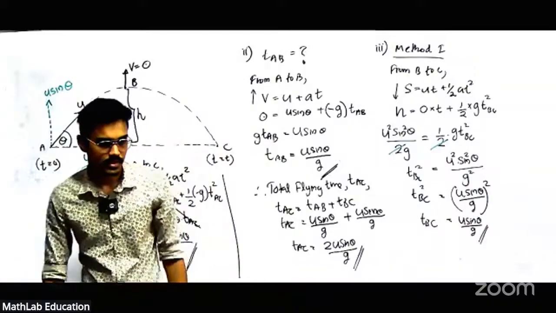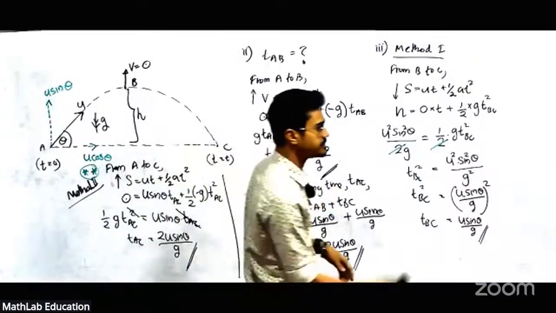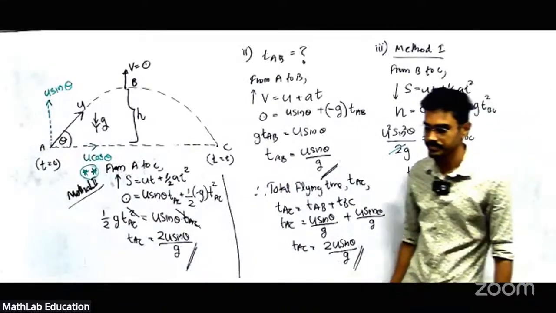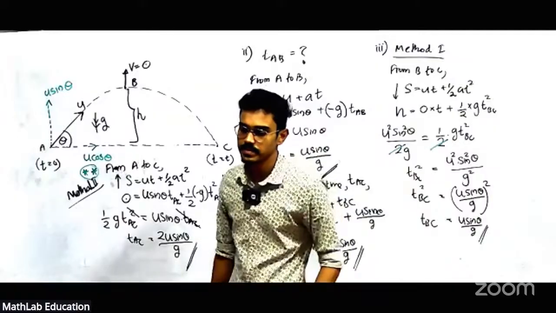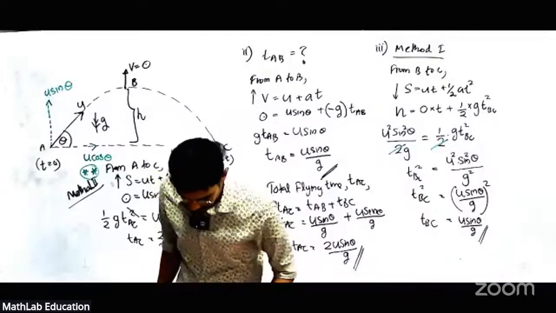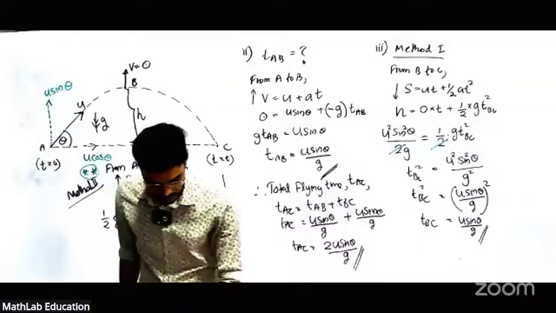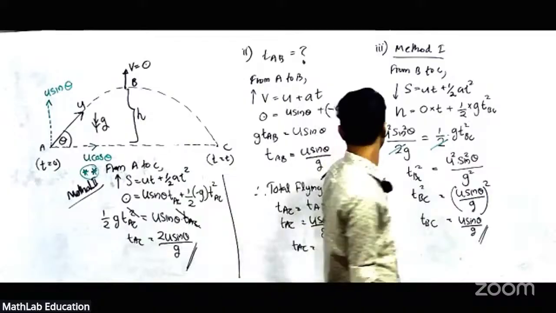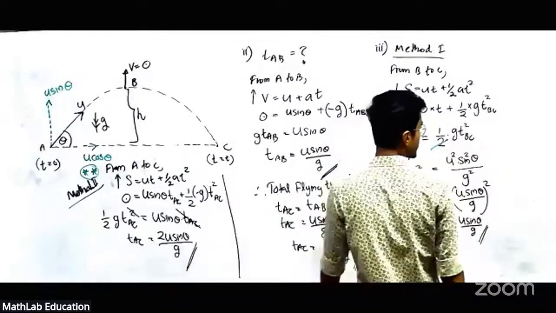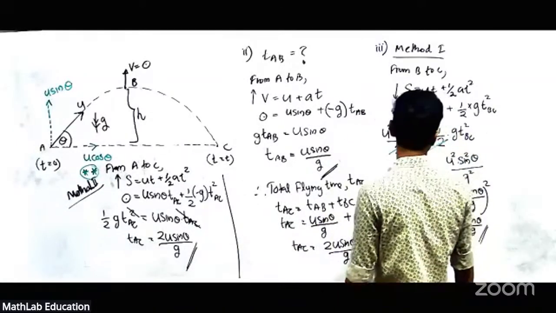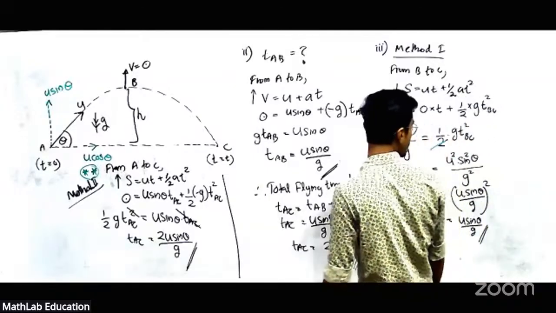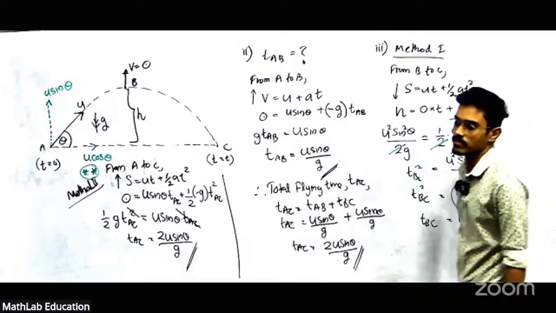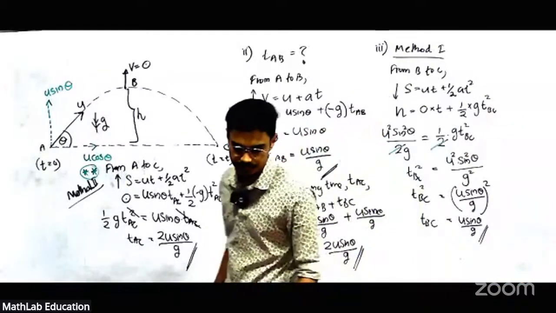Mention this in red after the question: vertical displacement from A to C is 0.